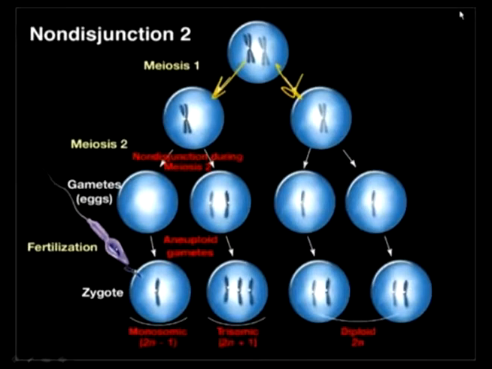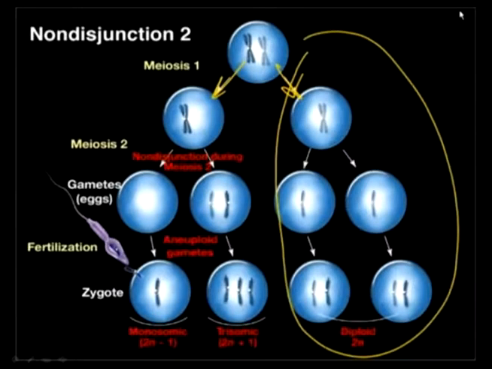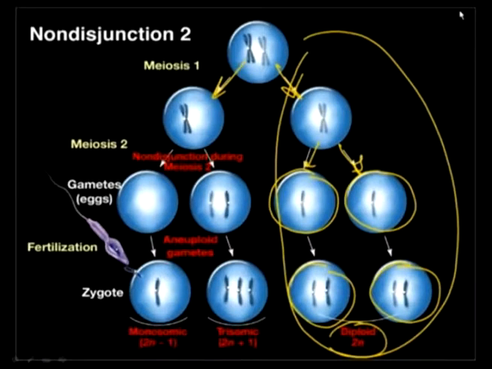So over on the right-hand side here, everything's going to happen normally, right? The sister chromatids separate. We end up with gametes that have one copy just like they should. And when they get fertilized, we get proper normal diploid offspring.